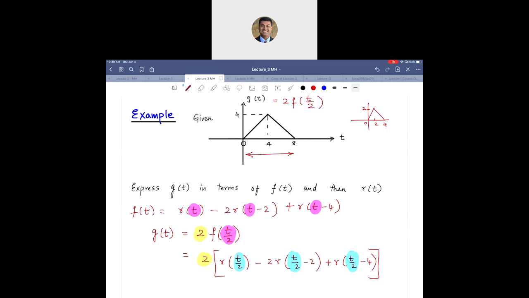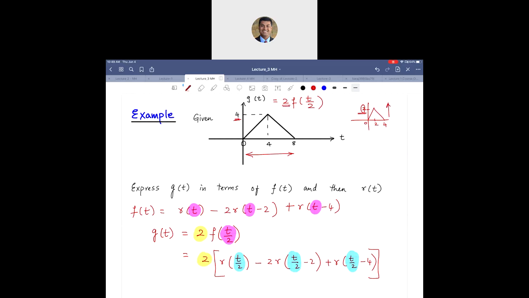So if you want g of t, that 2 needs to become 4, right? So that means that we are scaling the amplitude. We are making this triangle taller by a factor of 2. So that's why we have that 2.